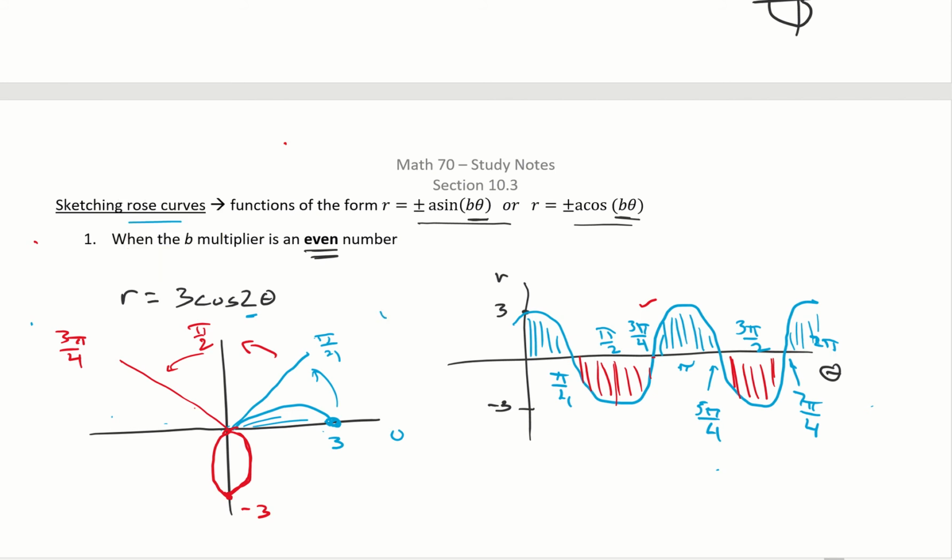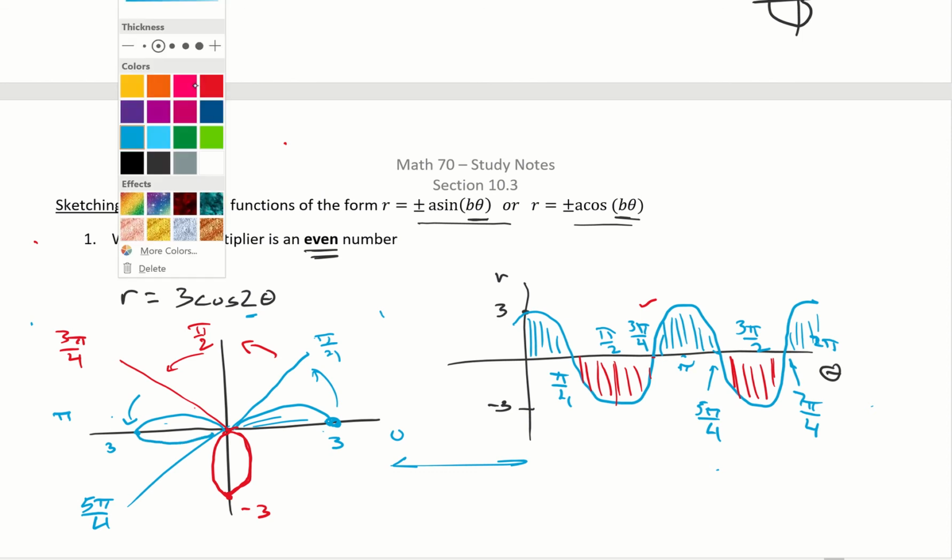We're going positive again, this time 3 pi over 4 to pi. It's going to go more and more positive and reach 3 here. And then it's going to shrink down to 0 at 5 pi over 4. So I'm going back and forth between looking at what's happening here on the right and then sketching on the left. Going to go back down to 0.